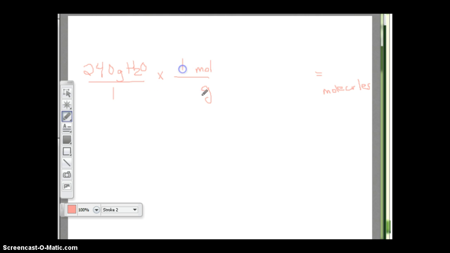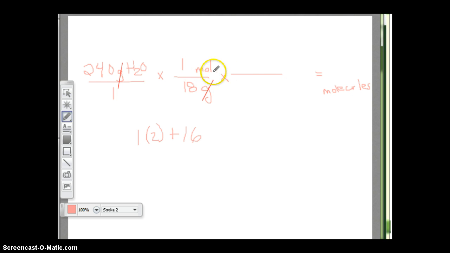So in 1 mole, how many grams of water are there? Well, each hydrogen weighs 1, and there's 2 of them. Each oxygen weighs 16. So a mole of water weighs 18 grams. Okay, our grams canceled off. Now we have moles. We're going to make another fraction.